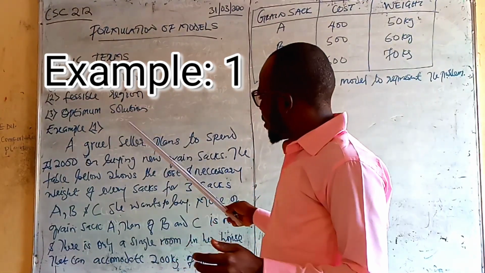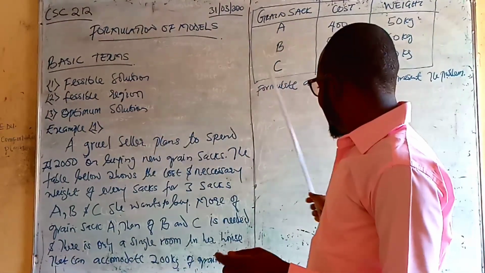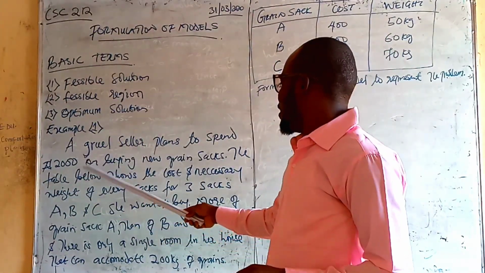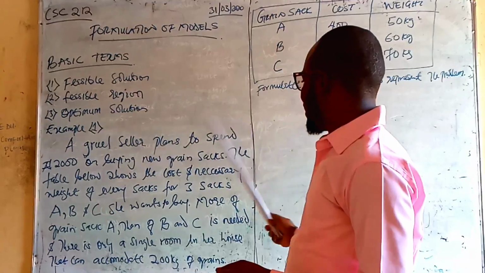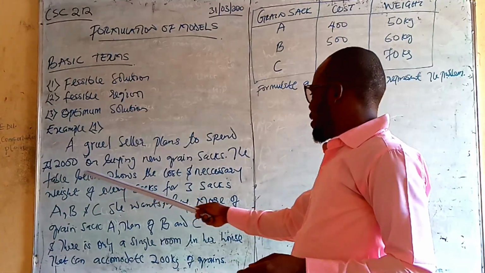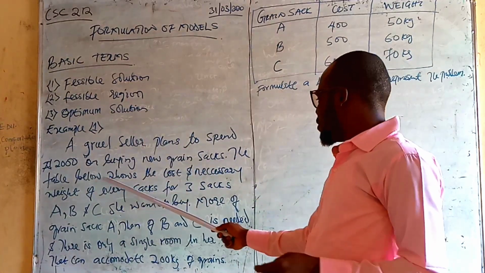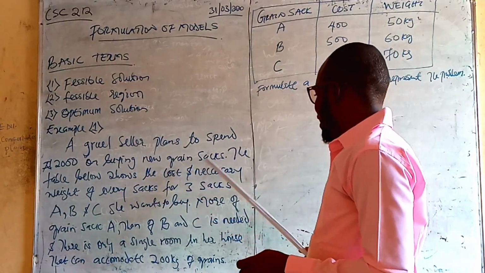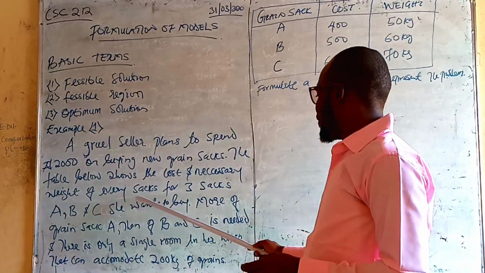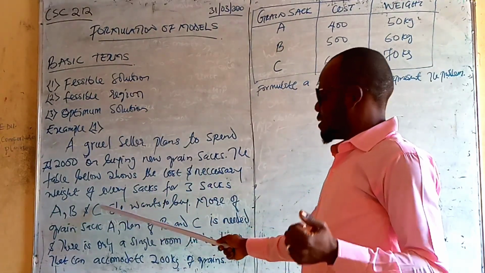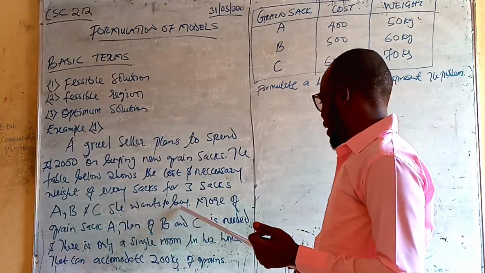So this is one example given. As you can see, the problem stated that a grain seller plans to spend 2,000 naira on buying new grain sacks. The table below shows the cost and necessary weight for every sack, for 3 sacks A, B, and C she wants to buy.